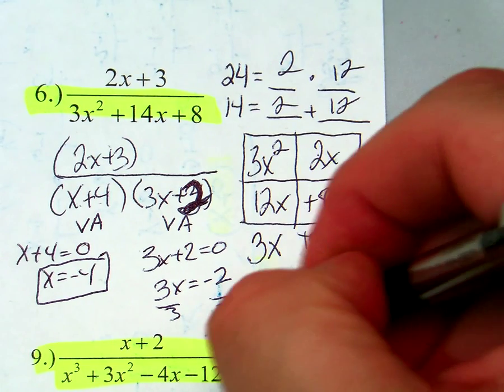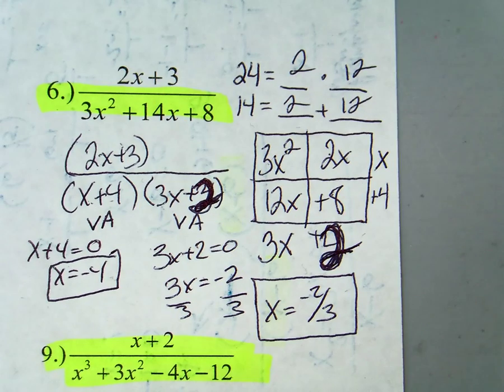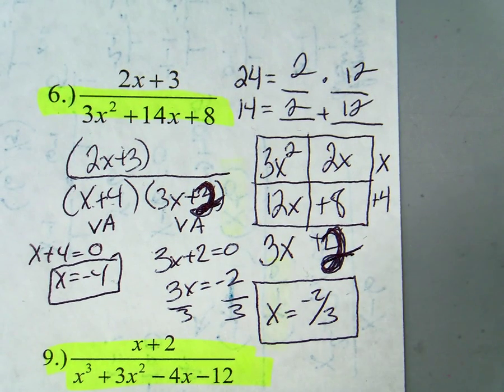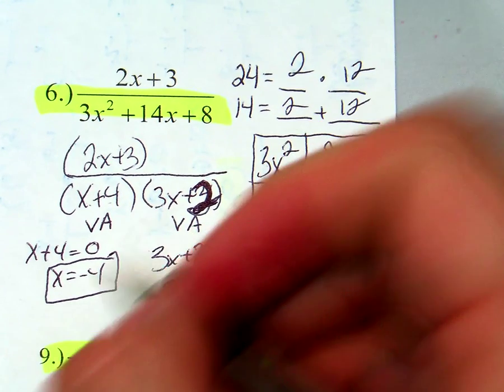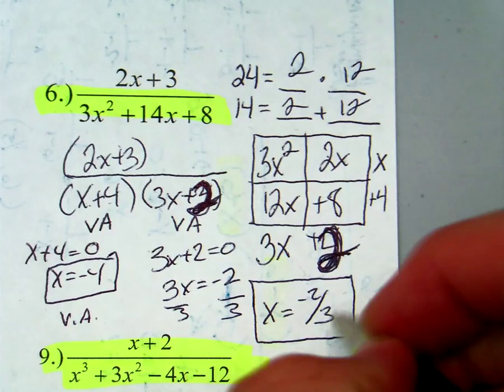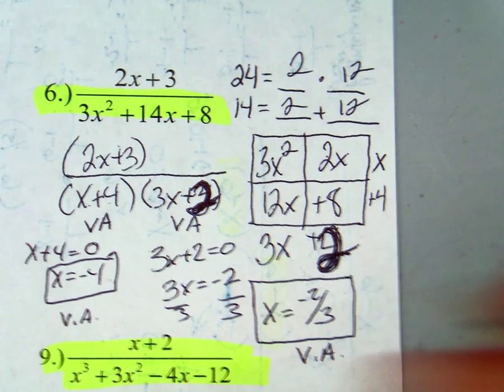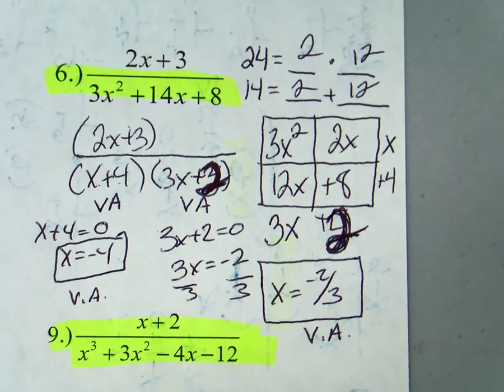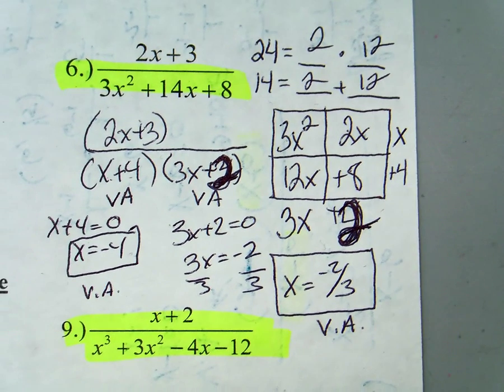So I'd end up graphing both of those. That's the answer. Here's one. Your vertical asymptote is right here. Here's another one. And then that's all you need. There are no holes in that one. And you're just finding vertical asymptotes in that case.